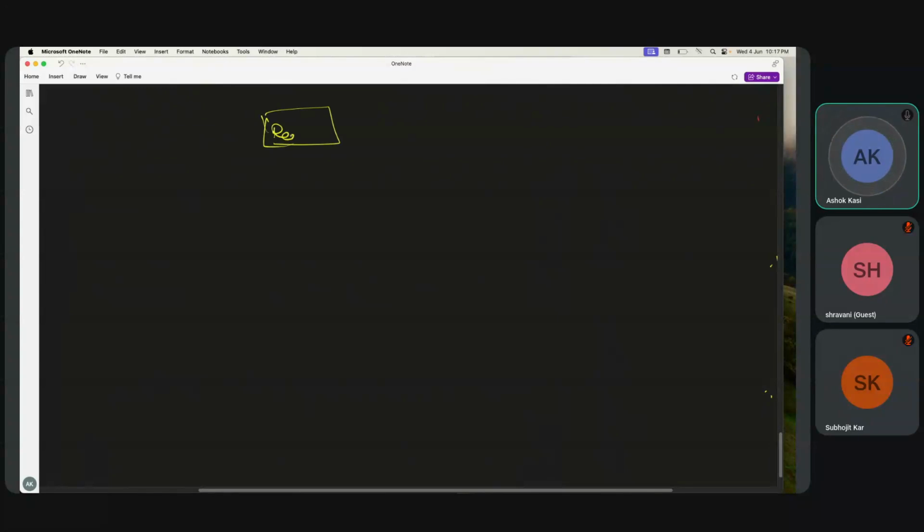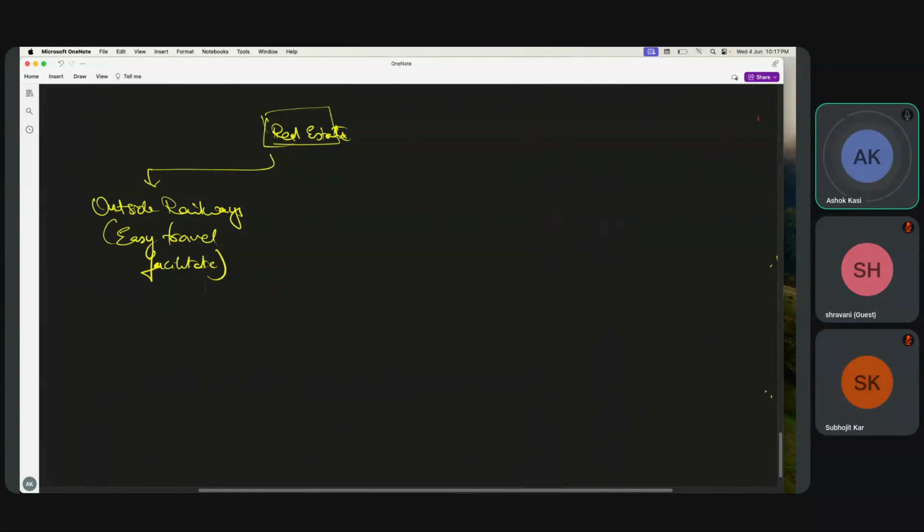Now, on what basis will you value this real estate? You can value it based on, number one, where it is located. Let's say it is located outside a railway station. Because it is outside the railway station, the price will be very high because of easy travel.